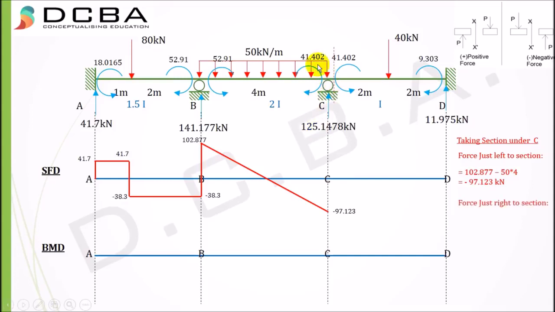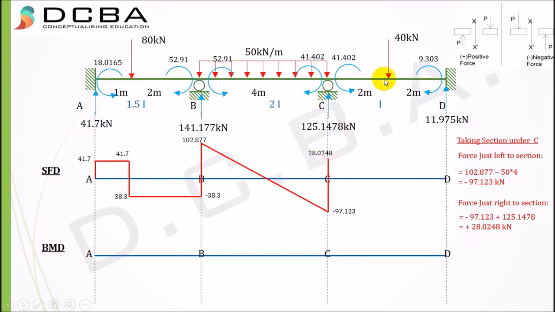Then taking the section just to the right and again considering the entire left part of the beam, it is minus 97.123 plus this force, because it is included in the left part of the beam now, hence it is plus 125.1478, which gives me plus 28.0248, and we'll plot it. It is a positive shear force, so we'll plot it as plus 28.0248.